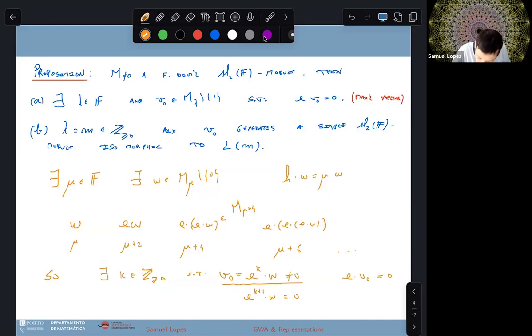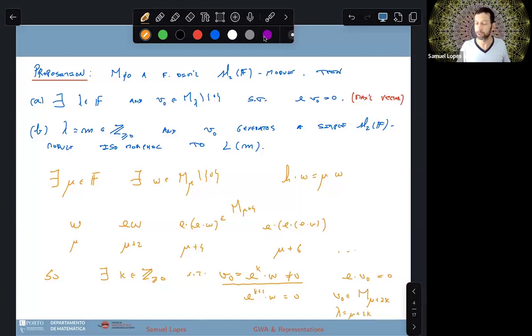Moreover, this element v0 is in the eigenspace corresponding to the eigenvalue mu plus 2k, because I've acted with e k times. So this will be my lambda: lambda is equal to mu plus 2k.